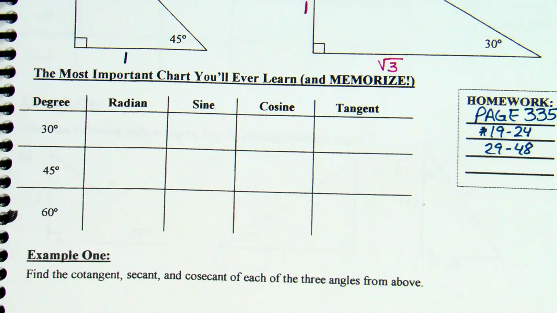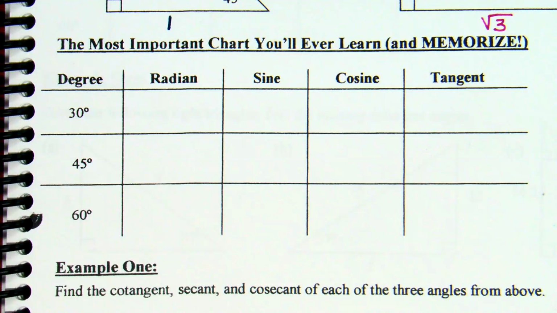Now, the first column is asking for radians. Okay, dig in those brains. How do you change from degrees to radians? You multiply by pi over 180. So what is 30 degrees times pi over 180?